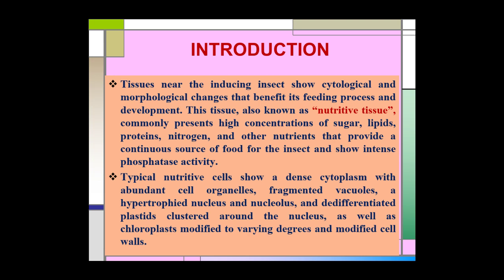Typical nutritive cells show a dense cytoplasm with abundant cell organelles, fragmented vacuoles, a hypertrophied nucleus and nucleolus, and dedifferentiated plastids clustered around the nucleus, as well as chloroplasts modified to various degrees and a modified cell wall.